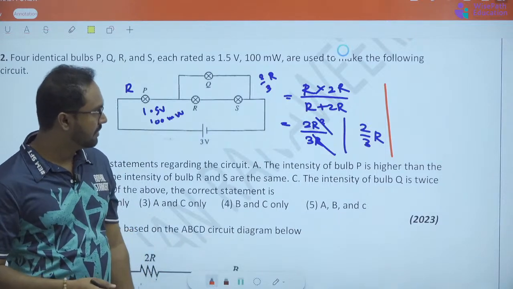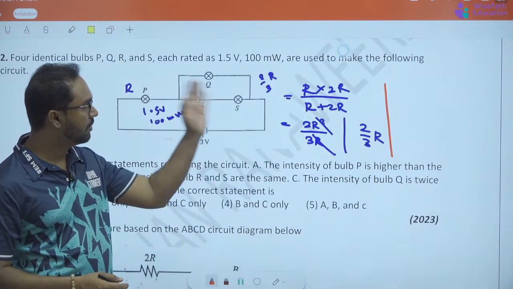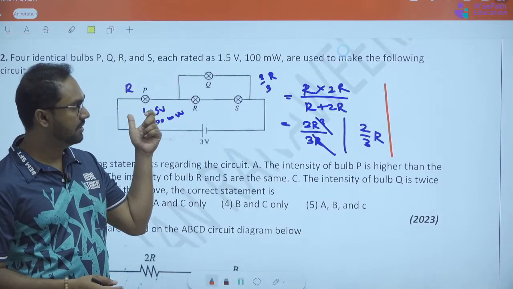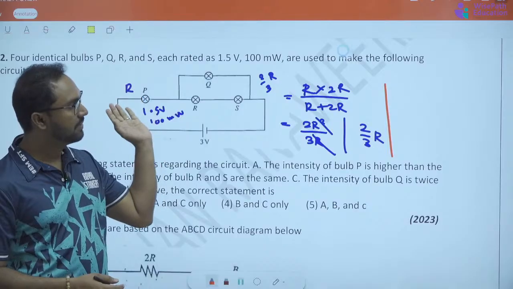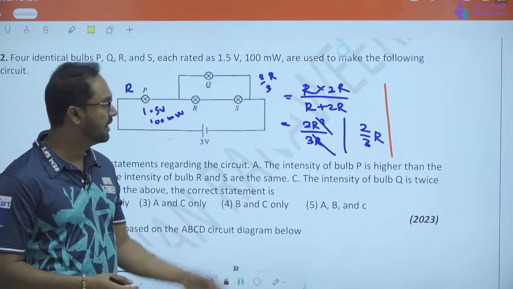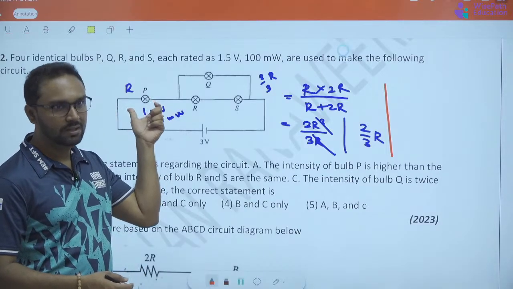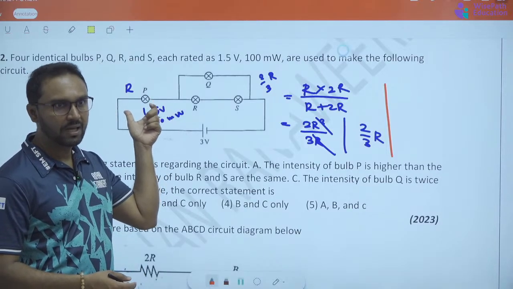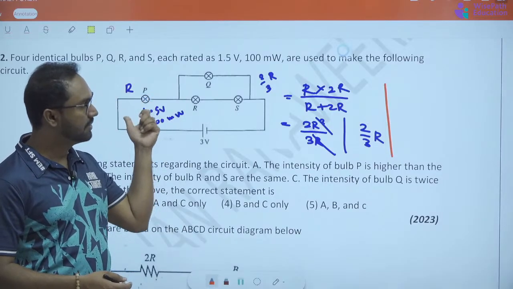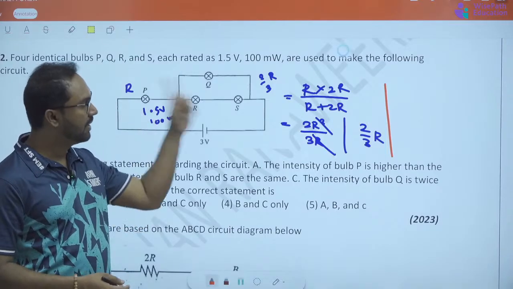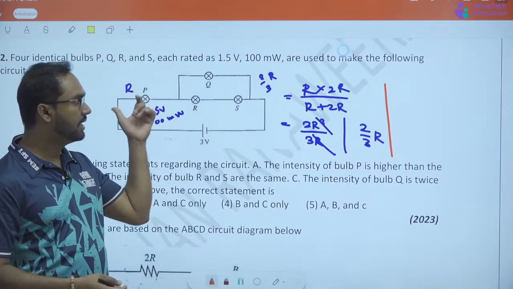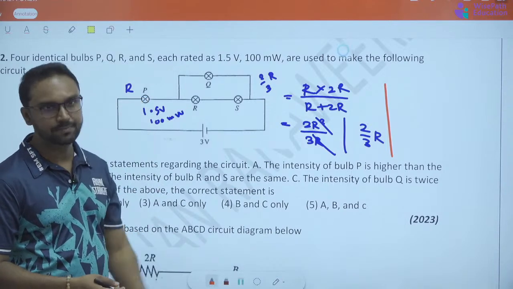You take the total resistance and you take one resistance as a fraction of it, and you multiply it by the total voltage. So you get the fraction of voltage that should be there in one resistor.